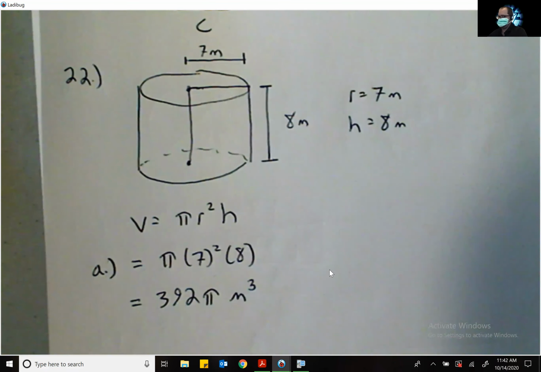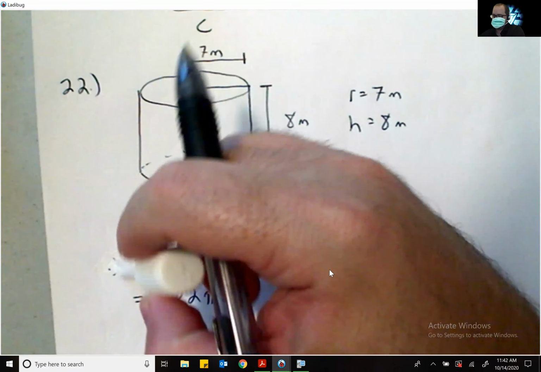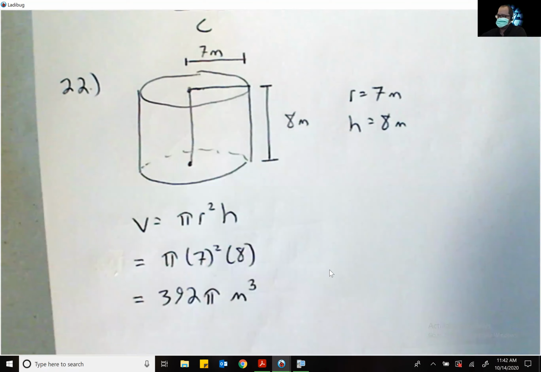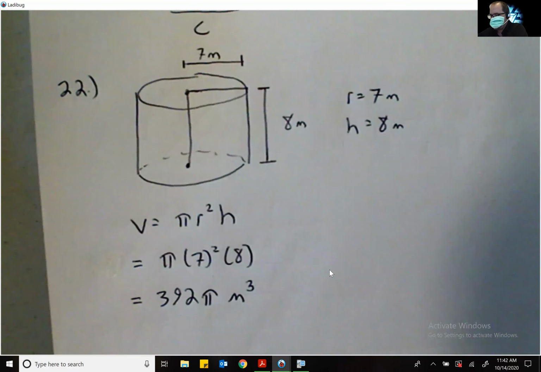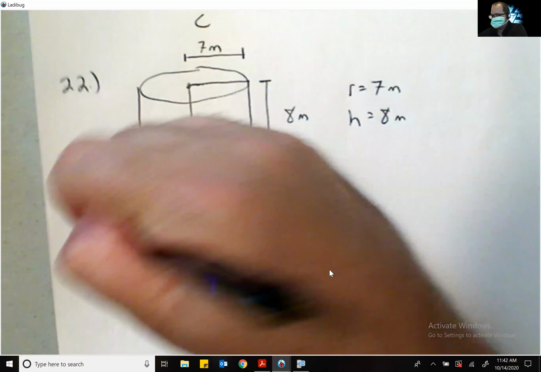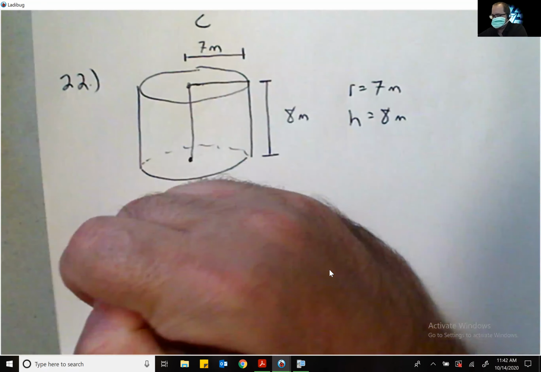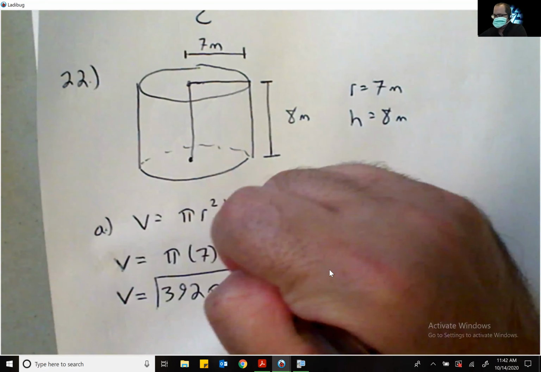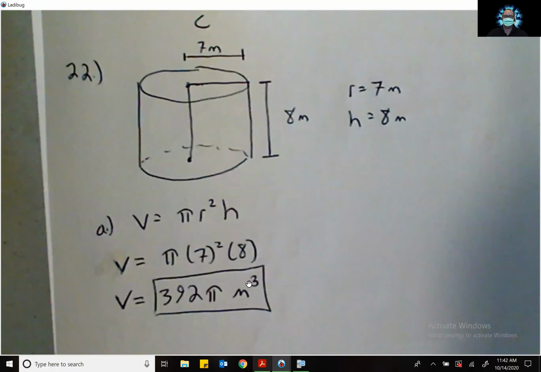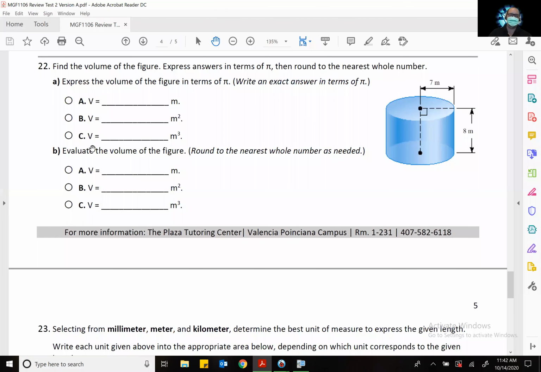Okay? Just like what we did with the circumference and the area. We left it in terms of pi. And so if we come back here, we're going to choose A, B, or C. We'll choose C.